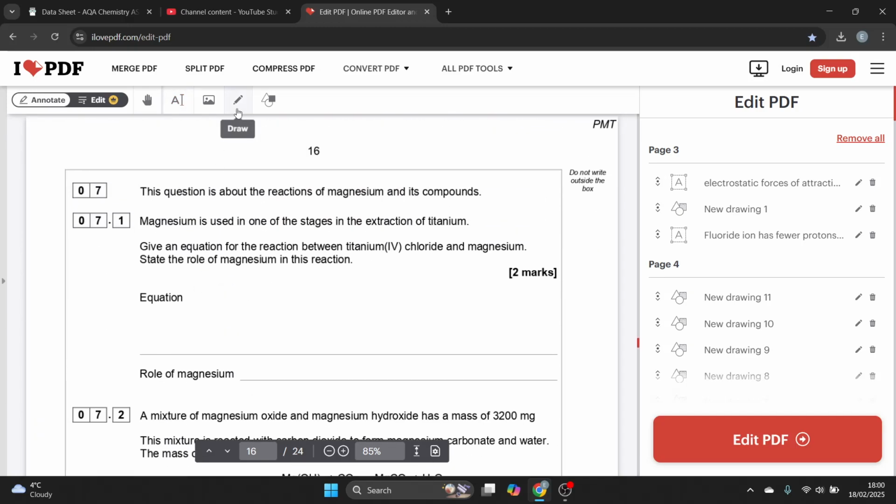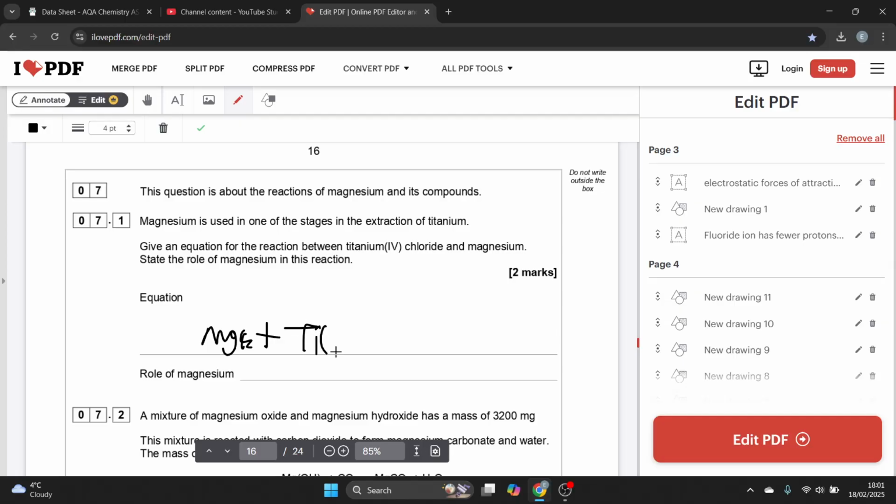Question 7, given the equation for the reaction of titanium chloride and magnesium. It's Mg. I don't need to state the equation.